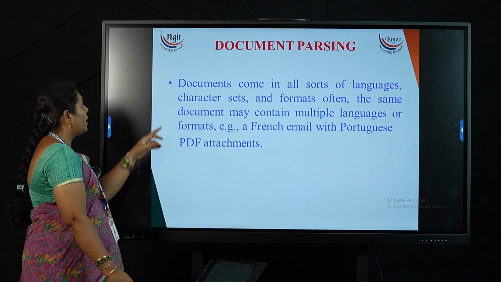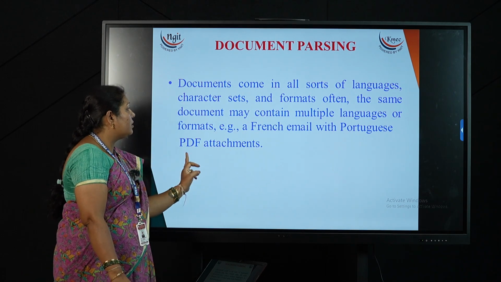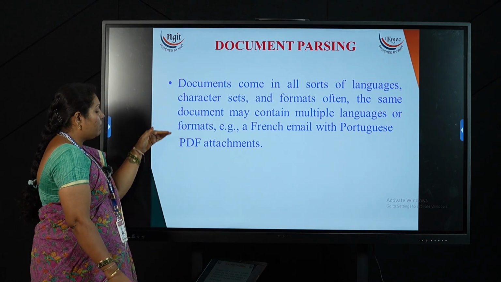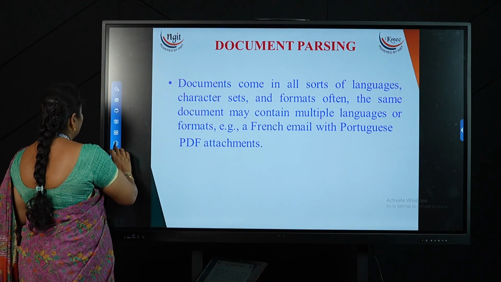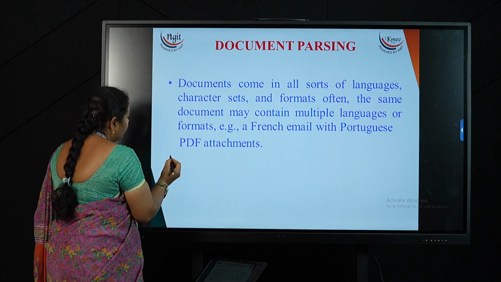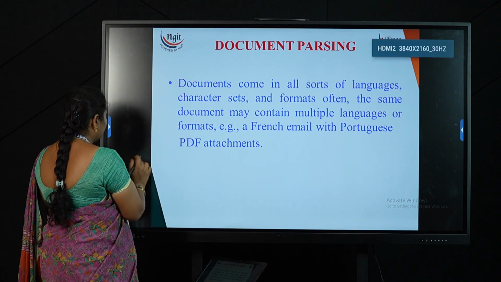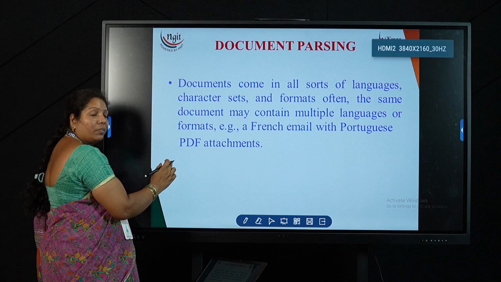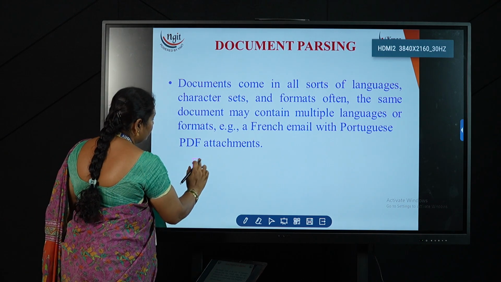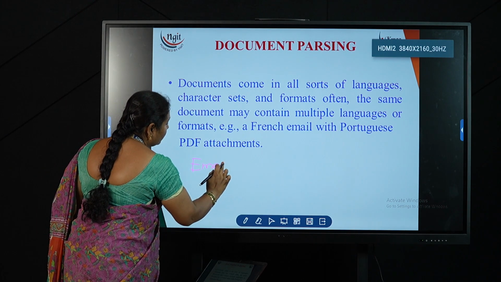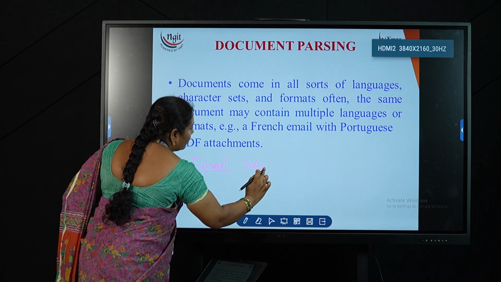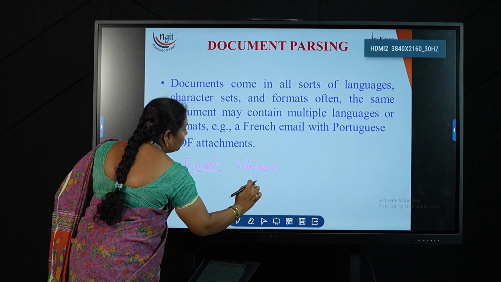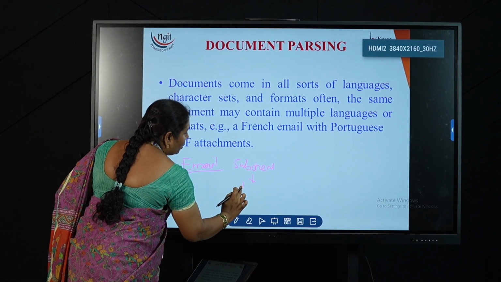if I'm taking a document as an email, then the email can be split up into two parts. What will be in an email? An email consists of your subject and your data.